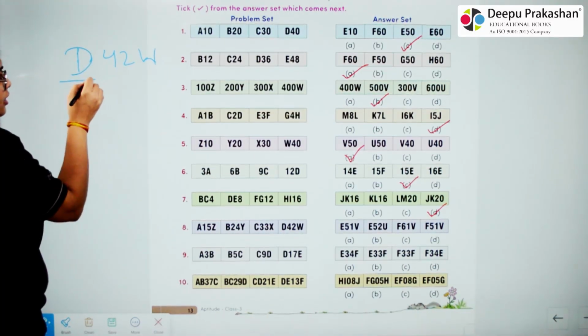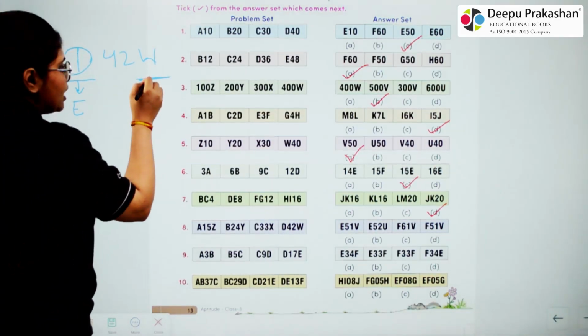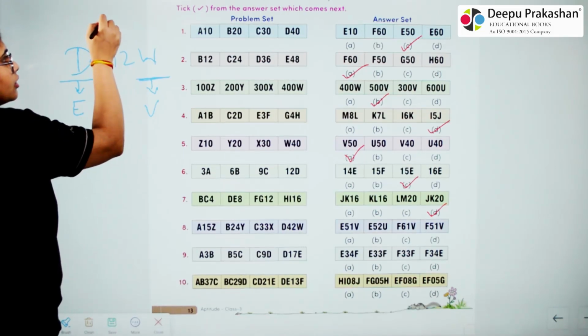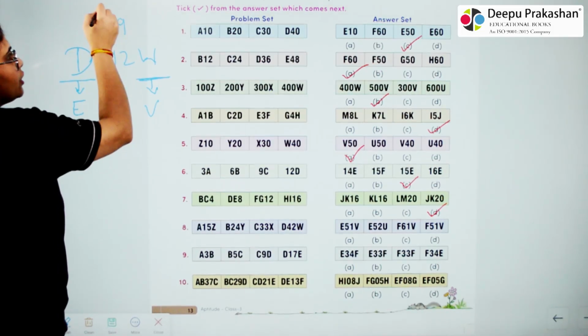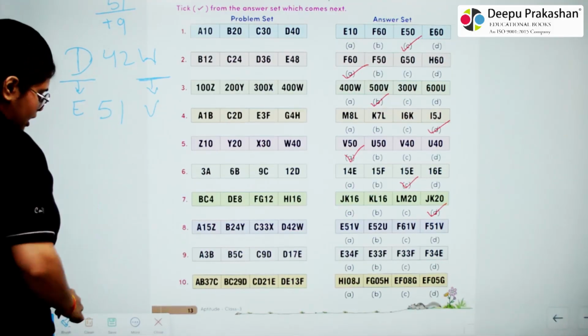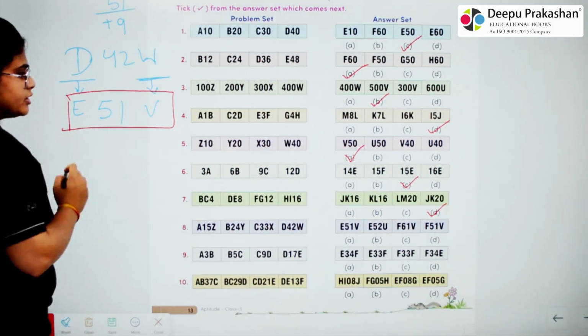So here after D, E comes, before W, V comes, and on adding 9 to 42 we get 51. So the answer for this part is E51V.